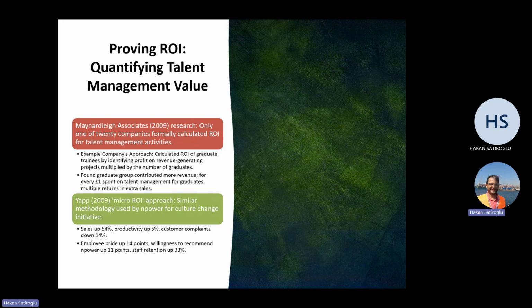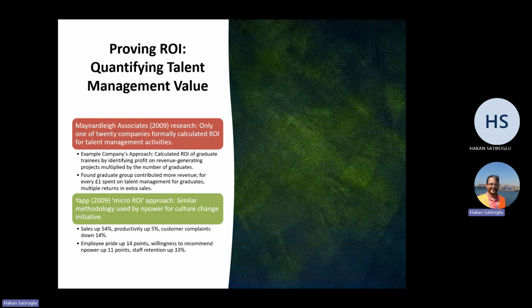The example company calculated the ROI of graduate trainees by identifying the profit and revenue generated by projects, multiplied by the number of graduates. They found the graduate group contributed more revenue, multiplying returns in extra sales for every £1 spent on talent management for graduates.